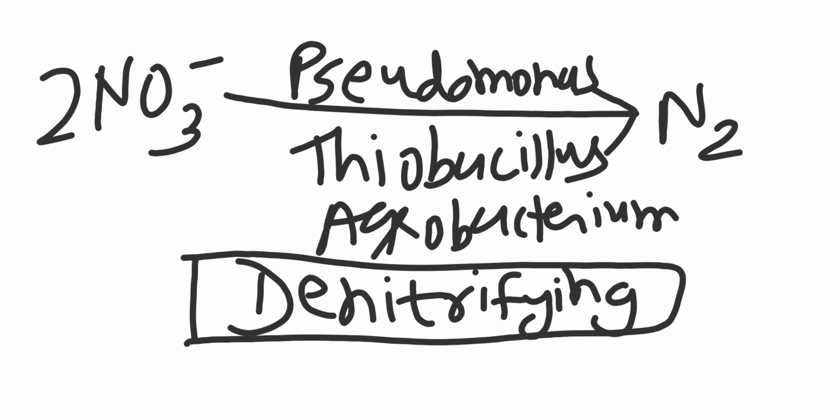From this nitrate, nitrogen is released into the atmosphere. Not ammonia, my mistake, nitrogen. For this, denitrifying bacteria are required. These are the examples of denitrifying bacteria: Pseudomonas, Thiobacillus, Agrobacterium.